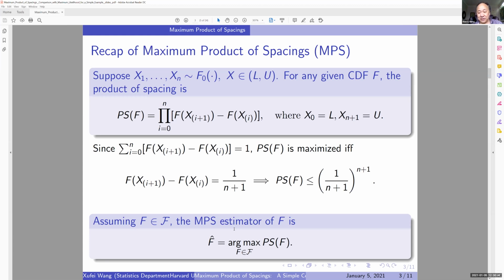If you do a Taylor expansion, the difference between these two capital F's will be the derivative of capital F, which is the f at, say, the midpoint, and then the spacing itself only depends on the data. So you can see this would be proportional, in the large sample, to just the likelihood.